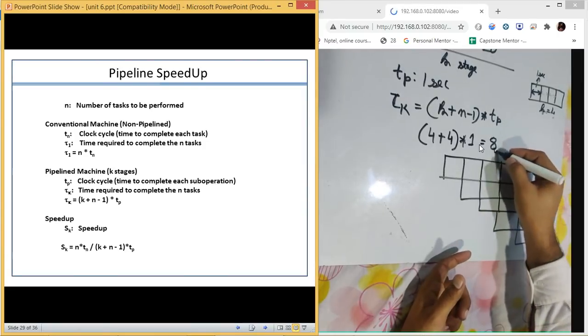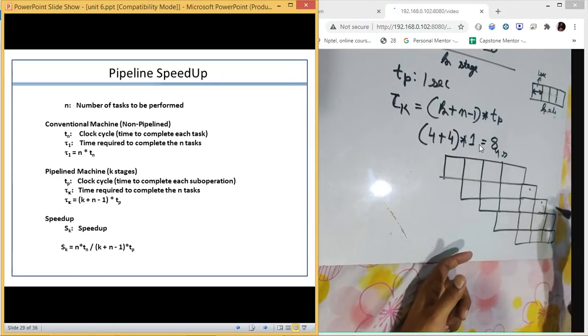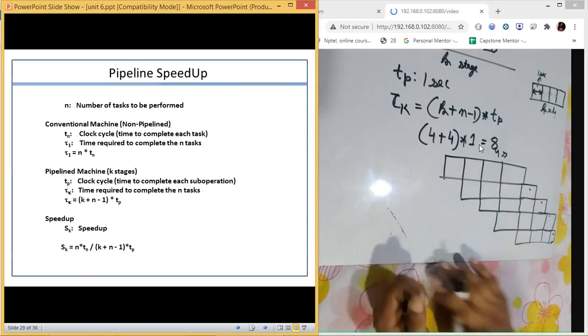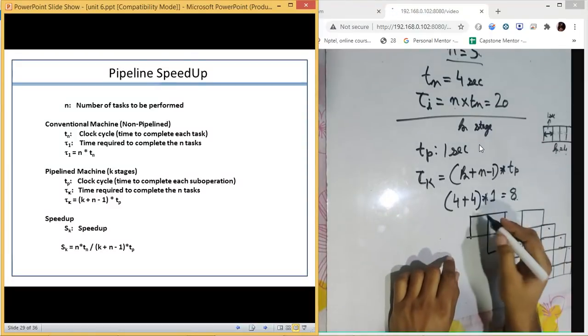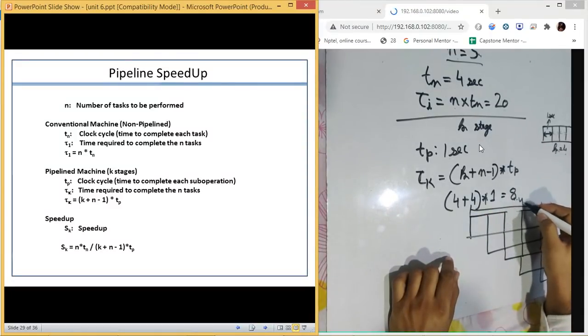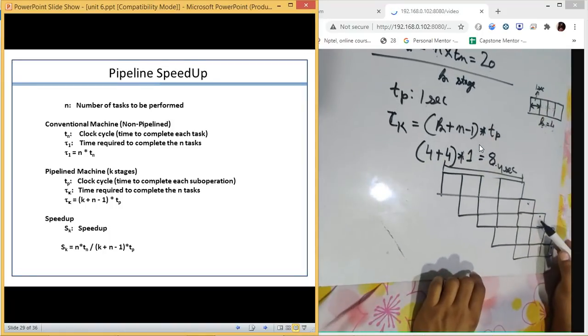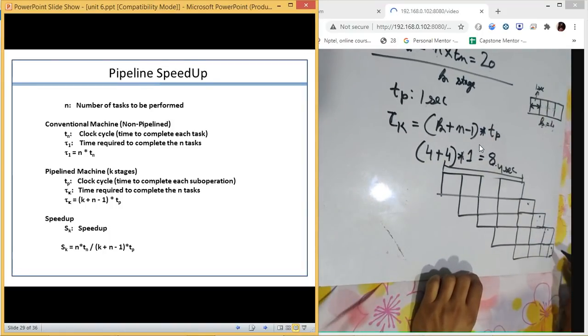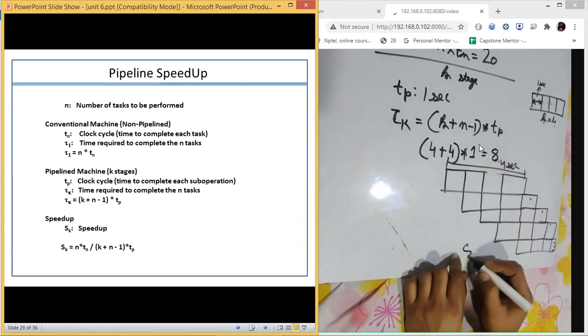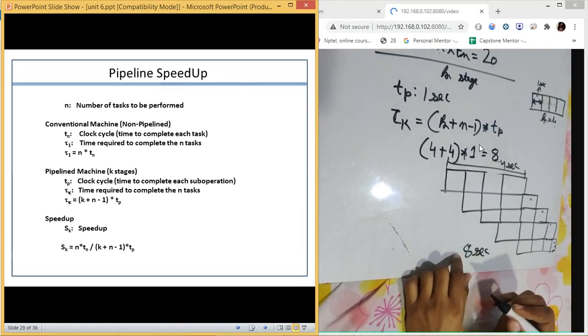So this will take 4 seconds to execute, 5, 6, 7, and 8. So this is going to execute in 4 seconds. This will take one more second, so it will be 5 at this place, 6 at this place, 7 at this place, 8. So total time spent is 8 seconds. That is what we have calculated here.